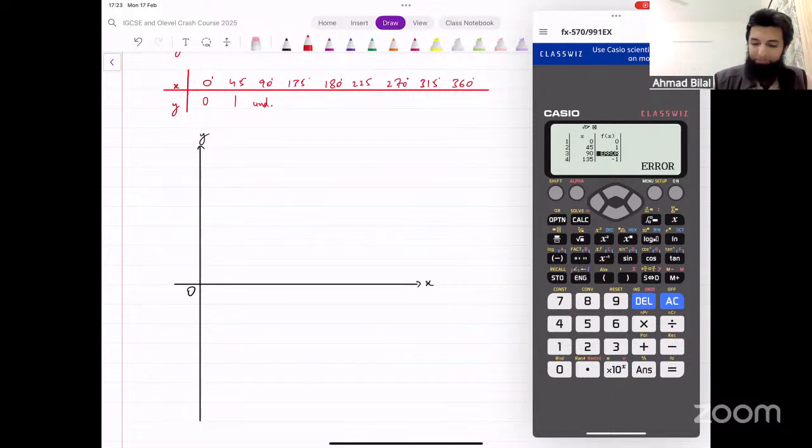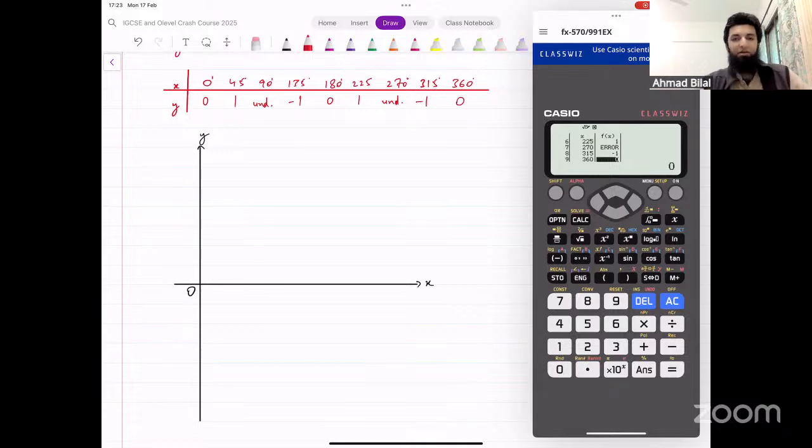We will understand what that means in a moment. At 135, y value is -1. When x is 180, the y value is 0. When x is 225, the y value is 1. And then at 270, it's undefined again. At 315, it is -1. And at 360, it is 0.